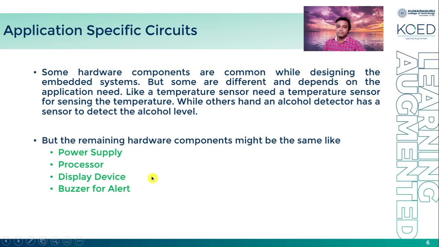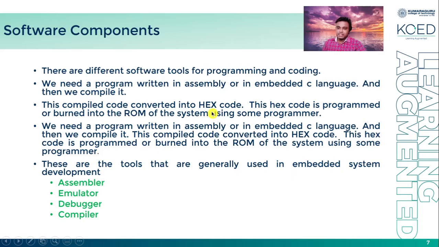We need a program written in assembly or embedded C language, and then we compile it. The compiled code is converted into hex code, that is hexadecimal code, in terms of binary ones and zeros, which the machine can understand. This hex code is programmed or burnt into the ROM of the system using a programmer.